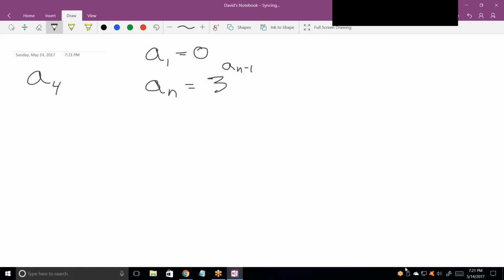The a is in the exponent, but then the n minus 1 is a subscript. Yeah, subscript, sorry. That's the way I've written it. Okay, and that makes sense.